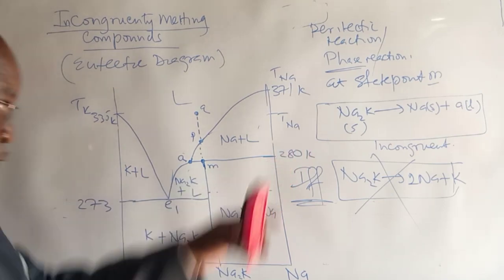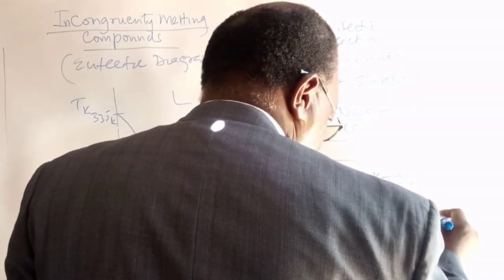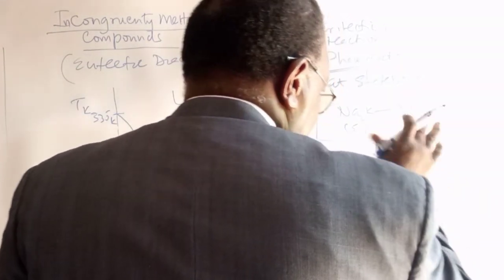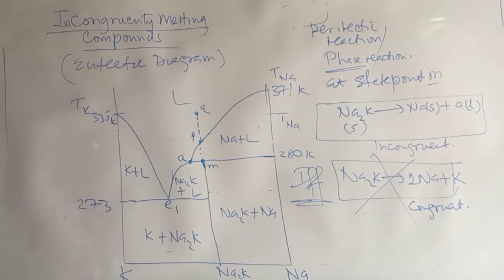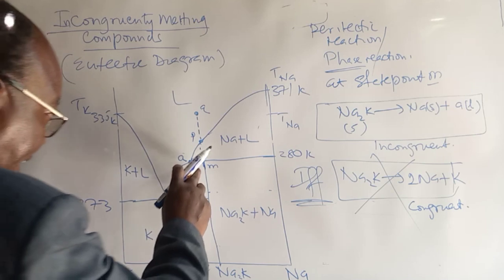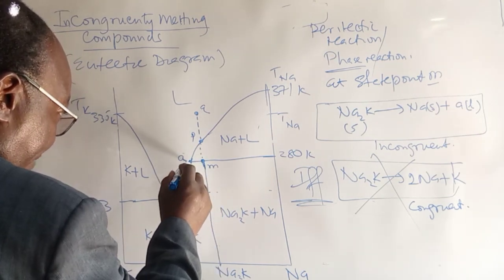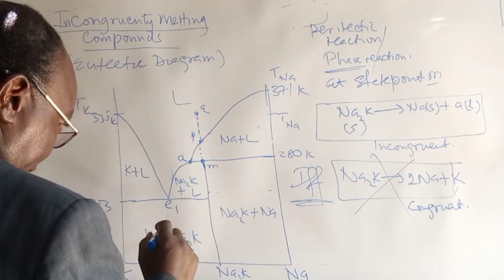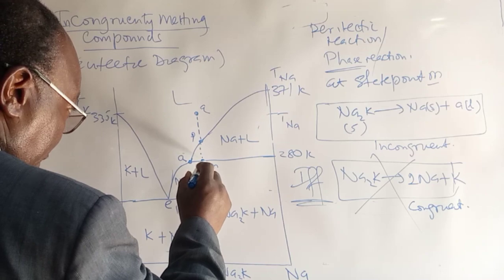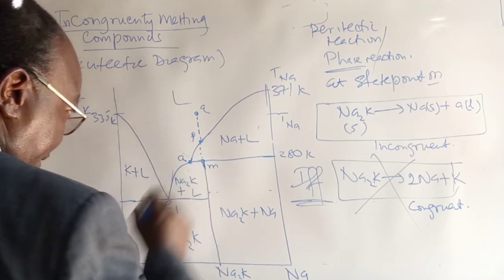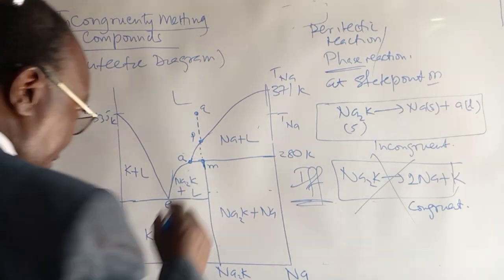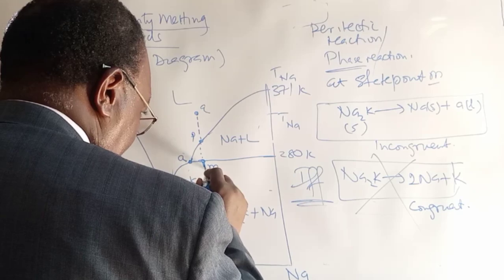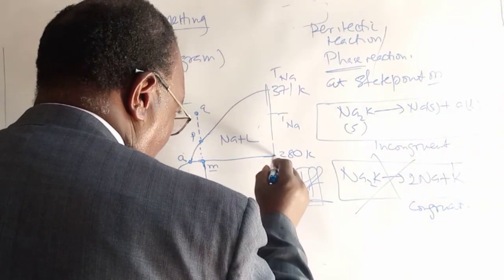So it is incongruent. We are not getting exactly what its chemical representation tells us when it dissociates. And then at this particular point, we have that liquid coexisting in equilibrium with this quantity at the state point M.